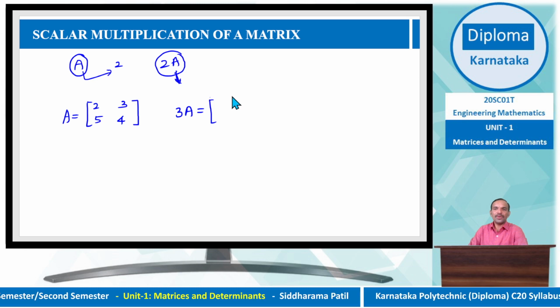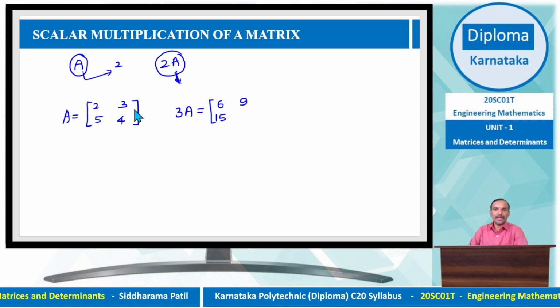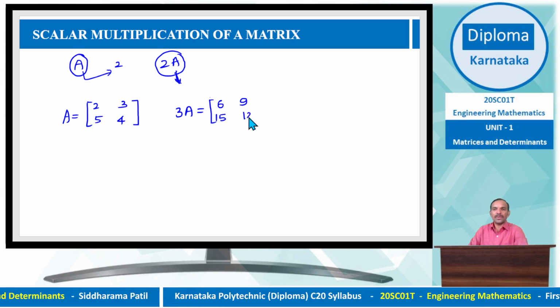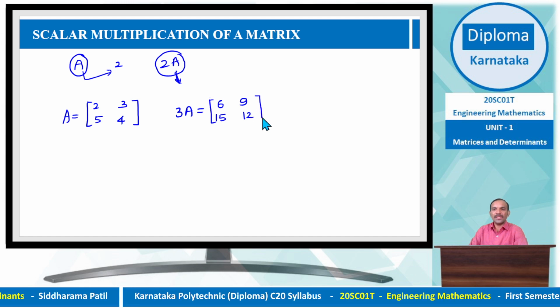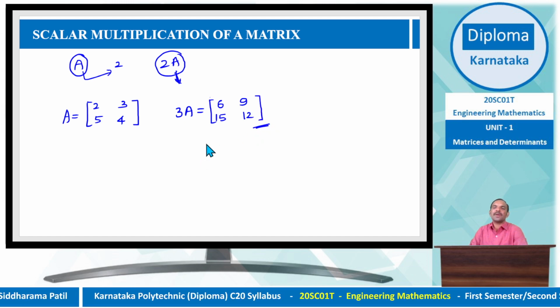3 into 2 is 6, 3 into 3 is 9, 3 into 5 is 15, 3 into 4 is 12, 3 into 4 is 12. This is 3A. This is called scalar multiplication.